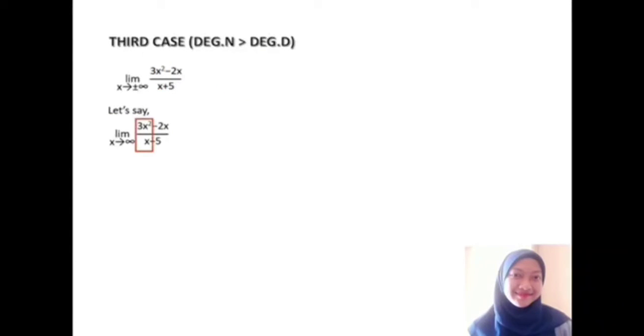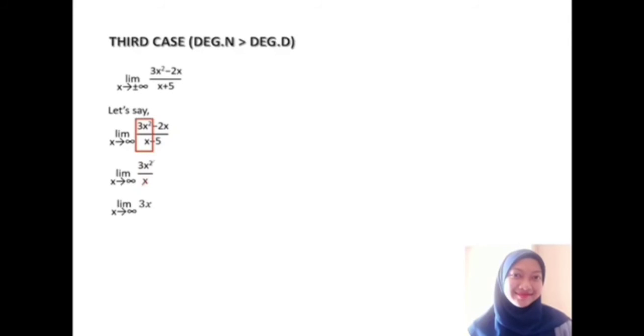You will only need to consider the leading terms. So, we can write the limit as x approaches infinity of 3x squared over x, and then you will need to use algebra to simplify and get down to the simplest x expression you can get. So as you can see, simplifying this expression gives you the limit of 3x as x approaches infinity.